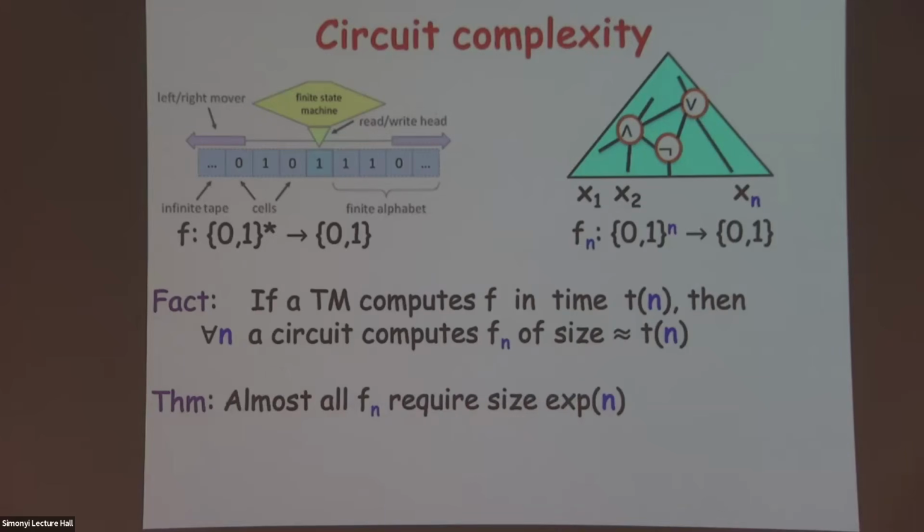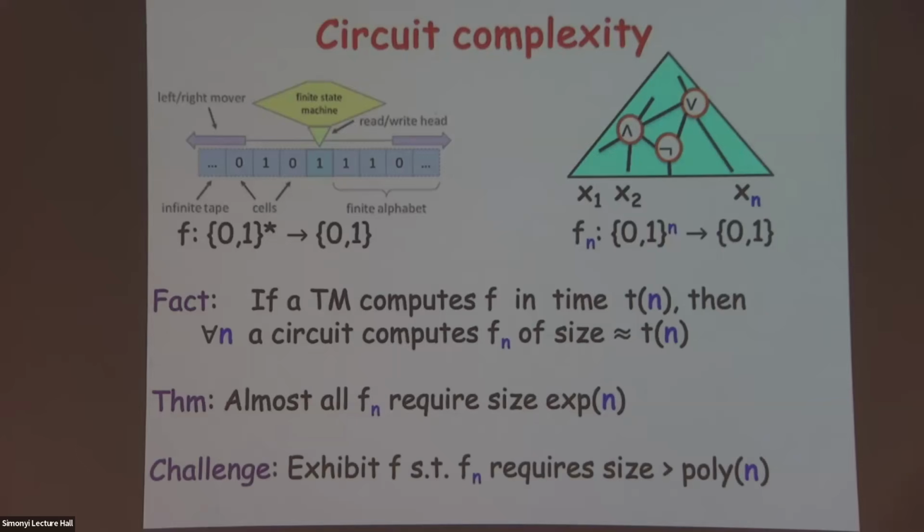So if you could prove that for some function you cannot do better, that will prove an exponential lower bound on a Turing machine. So the challenge is to come up, not with a random function, but with some function we want to solve, something that we can describe, that requires super polynomial size. If we found one, then P is different than NP.